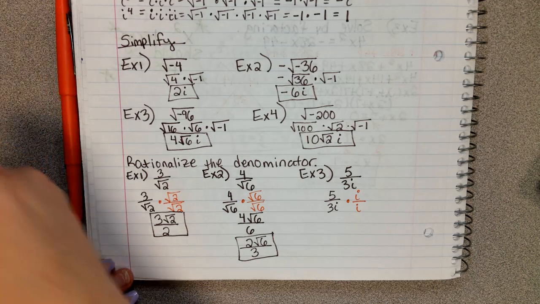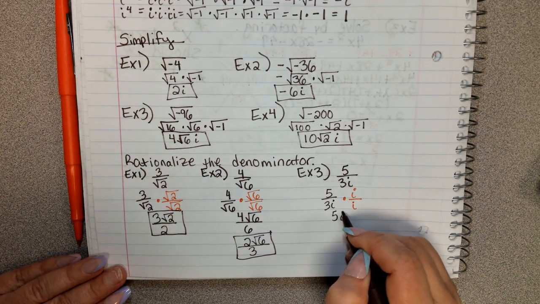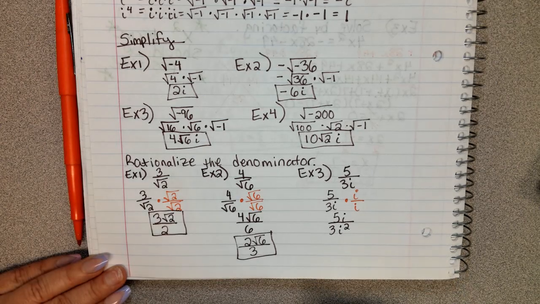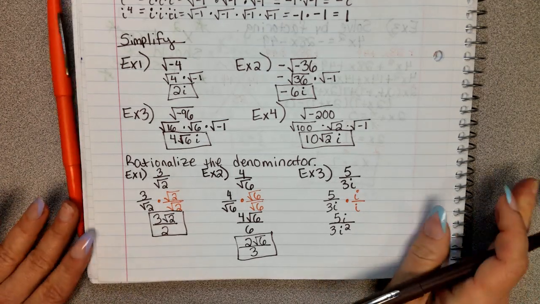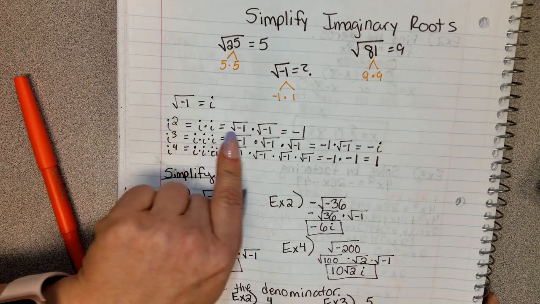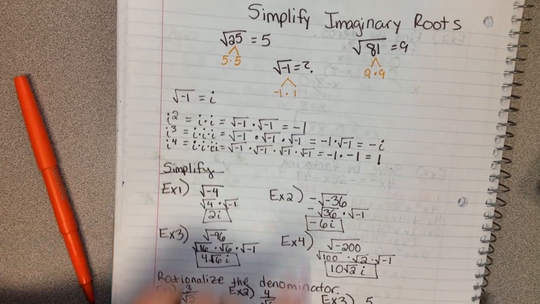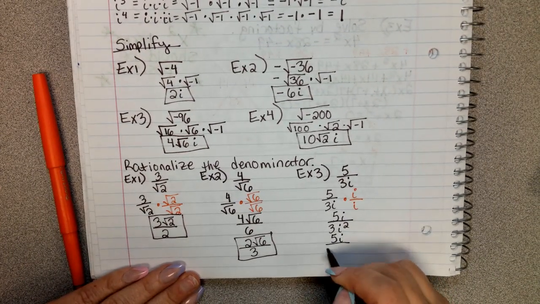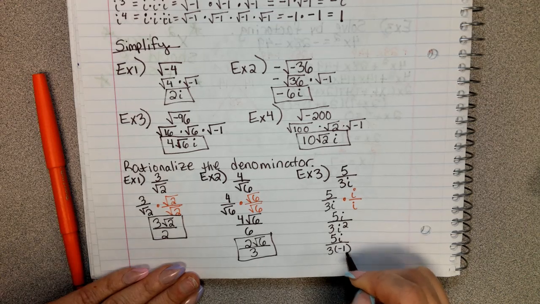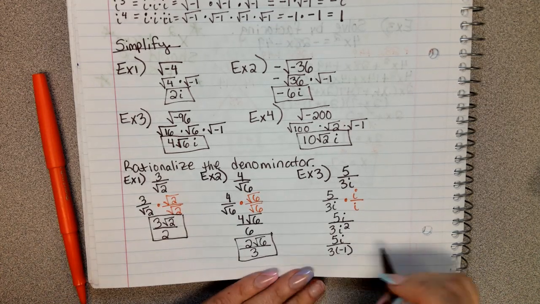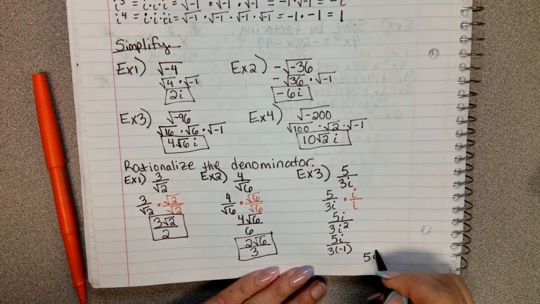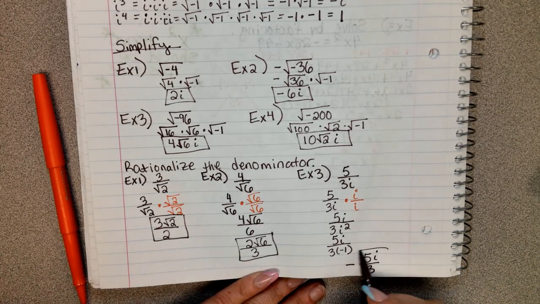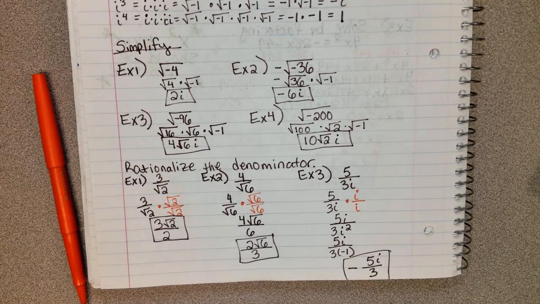So in the numerator now I have 5i over 3i squared. But i squared is negative 1. So that's the same thing as 5i over 3 times negative 1, which is the same thing as negative 5i over 3. And now my fraction is negative. That's how you do it.